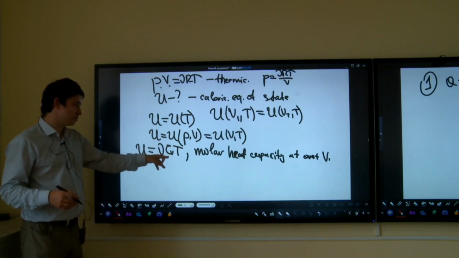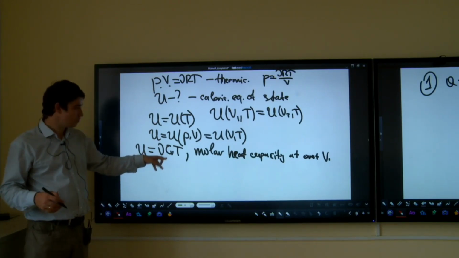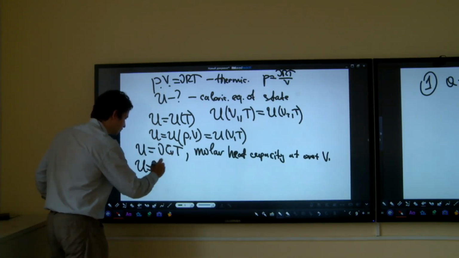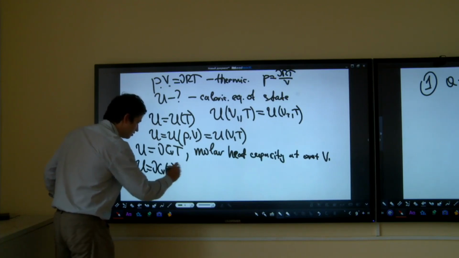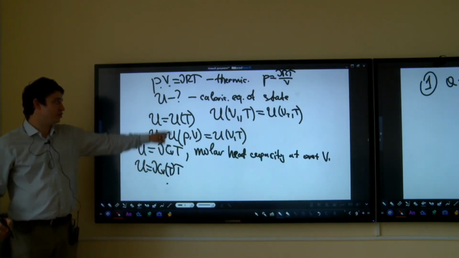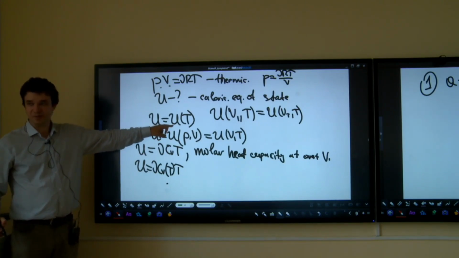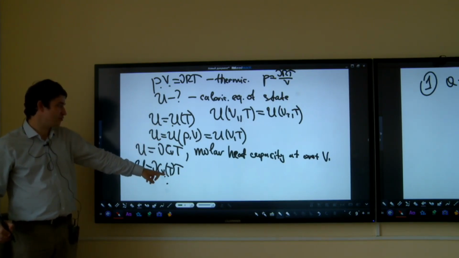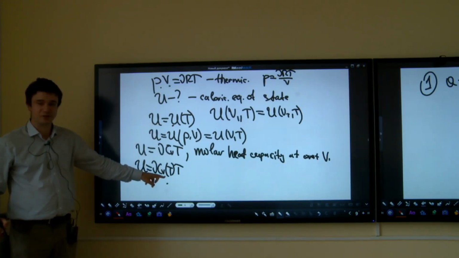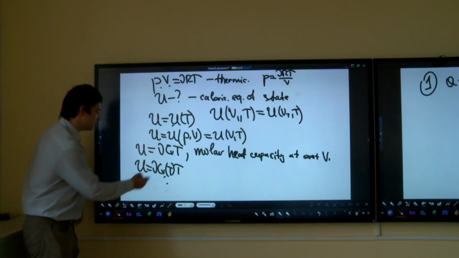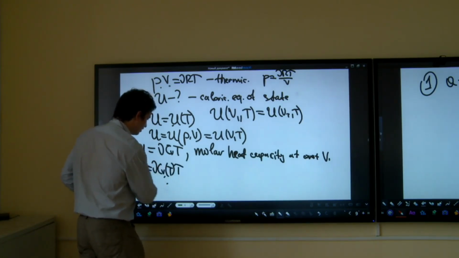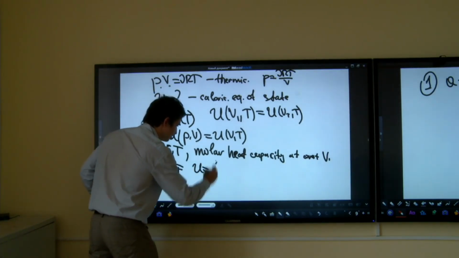Actually, this constant is dependent, so in such a way that I don't add any information compared to this one. If I have some function of temperature here, and I go to another function of temperature here, but, well, this is wrong. What's actually correct?